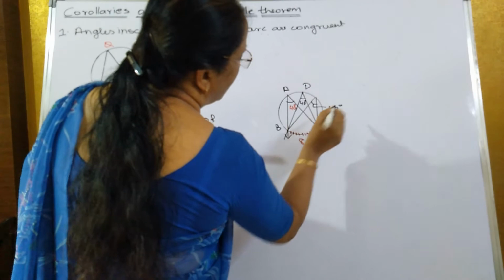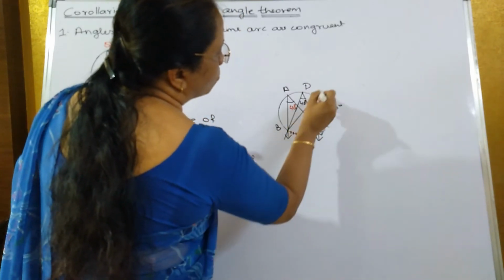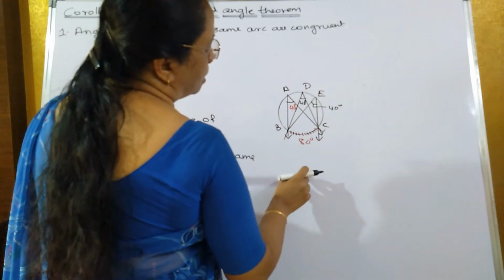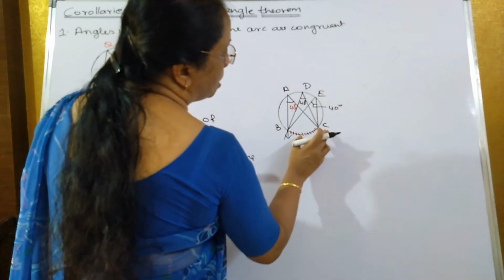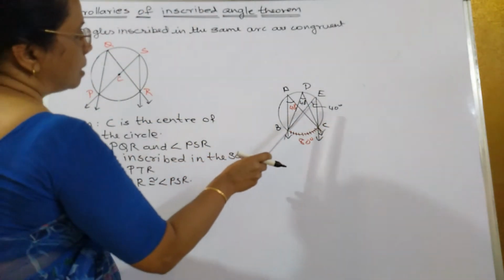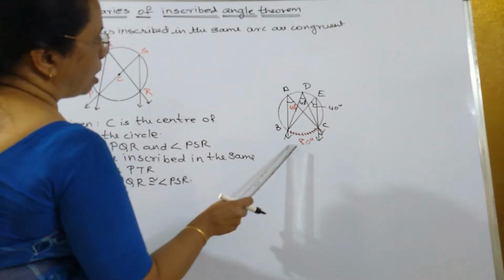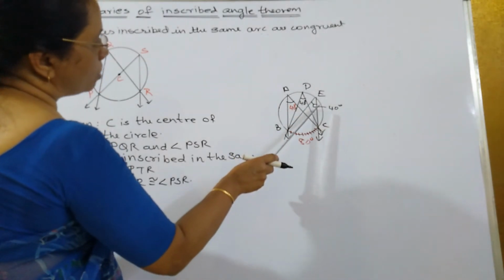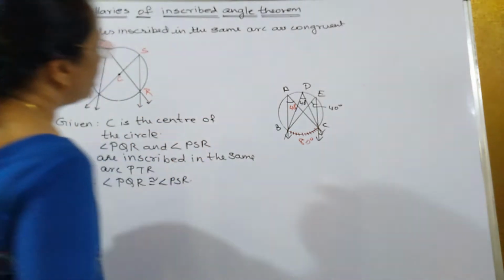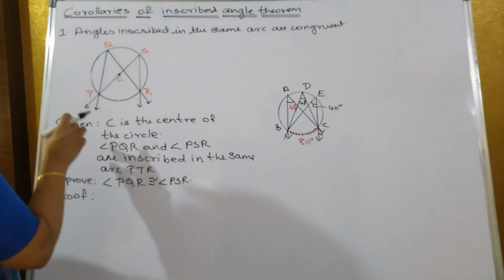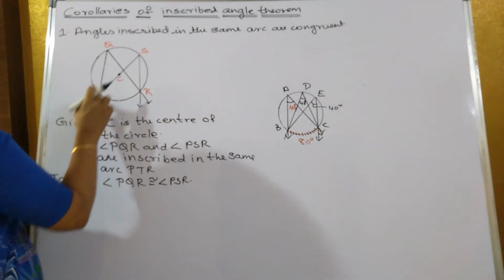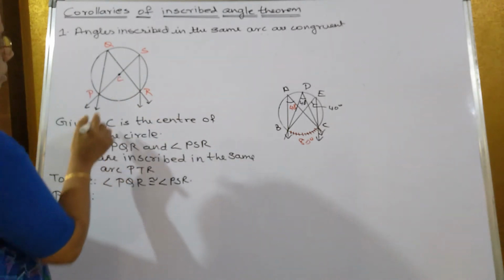Why? Because the intercepted arc over here is BC. So angle BEC, the intercepted arc of this angle is BC. So this angle also will be equal to 40 degrees. So angles inscribed in the same arc are always congruent to each other. That is the explanation of this corollary. Now we have to prove this. Let us take a circle with center C and angle PQR and angle PSR inscribed in the arc PTR.